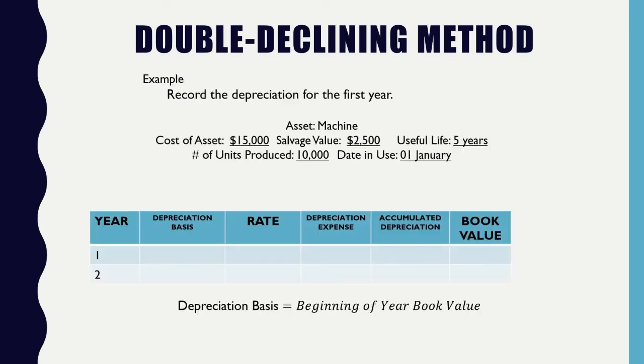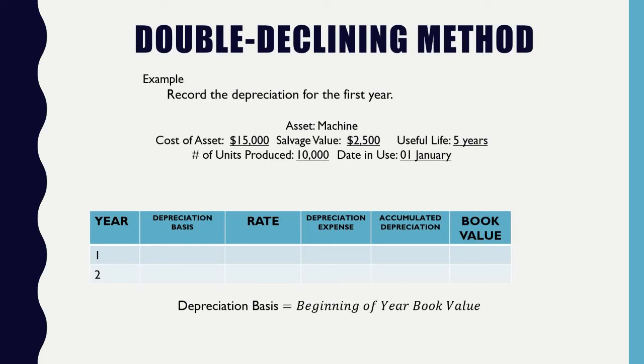So let's take a look at an example where we bought a machine, once again, for $15,000. Its salvage value is $2,500. Estimated useful life is 5 years. The number of units that it could produce is 10,000. And the date that we placed it into service is January 1st.